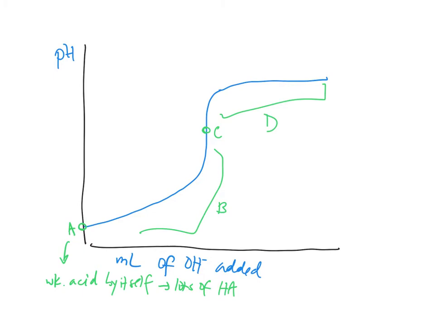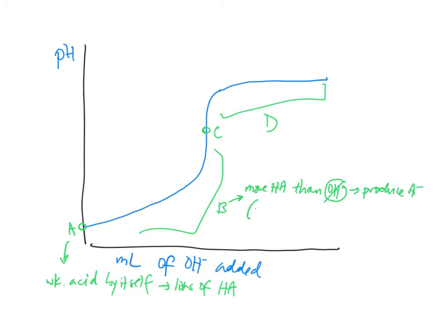In region B, we've started adding OH-, but there's still more HA than OH- at this point. And because there's more HA than OH-, all the OH- will react. It's the limiting reagent, so it's going to go away, and there'll still be some HA left. But when they react, they produce A-.